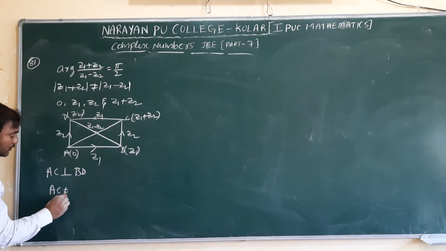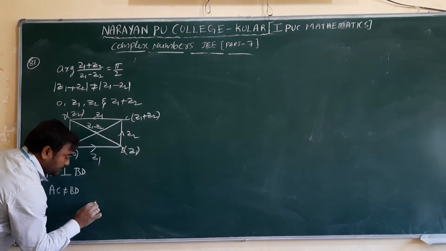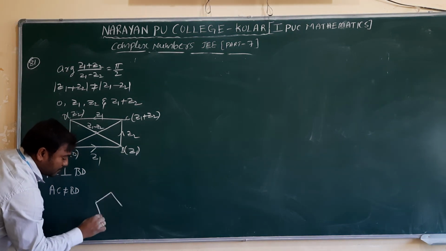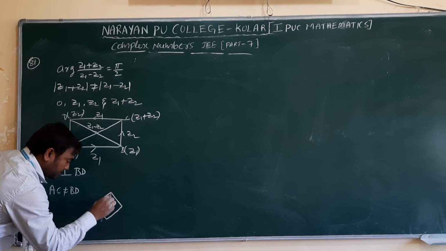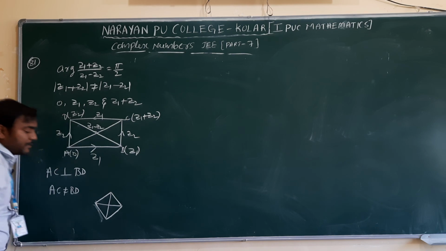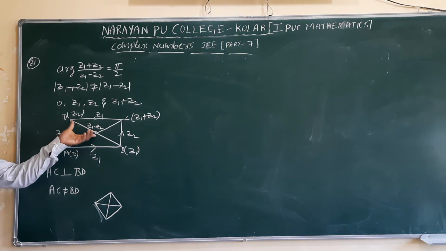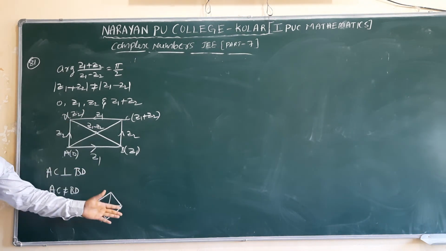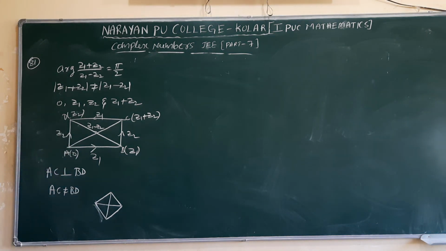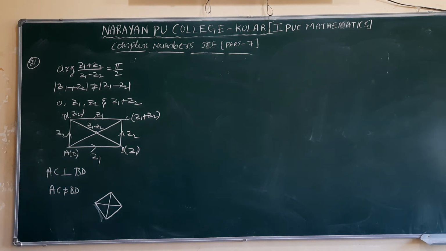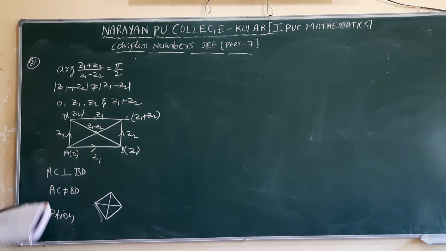It can form a rhombus but not a square, because AC is not equal to BD. If AC is equal to BD, it forms a square, but it is only a rhombus. They are perpendicular to each other, this angle should be 90 degree. It is only a rhombus but not a square. Option C is the correct option.